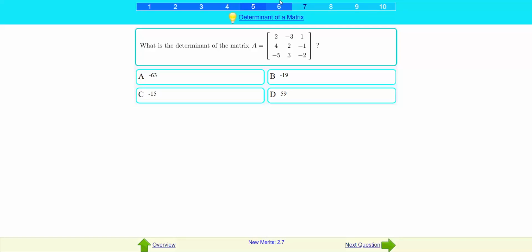And then we have minus, so minus 3 multiplied by 5, minus plus 8. Then plus the third element on the first row, which is 1.